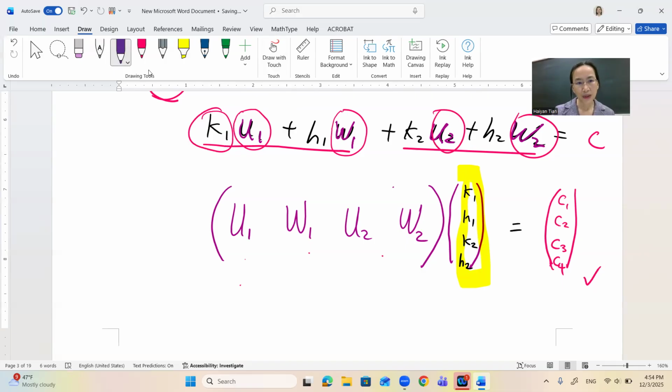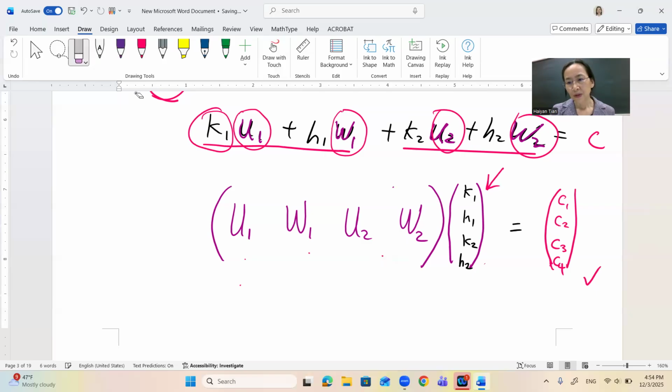So yeah, we already know all this, right? So we can have this matrix times this column vector, this vector highlighted in yellow is the vector to be solved. Then once we find K1, H1, K2, H2, then we find a particular solution.